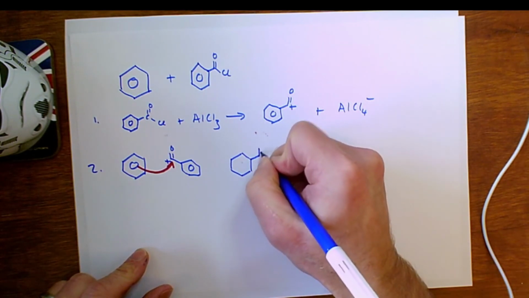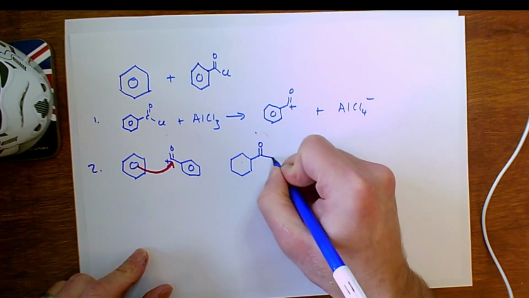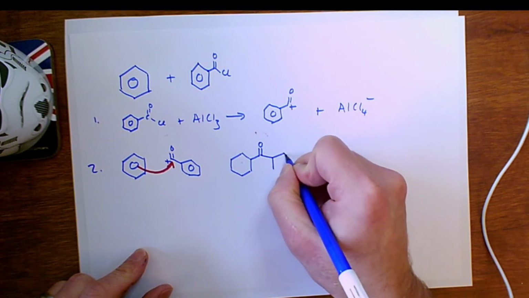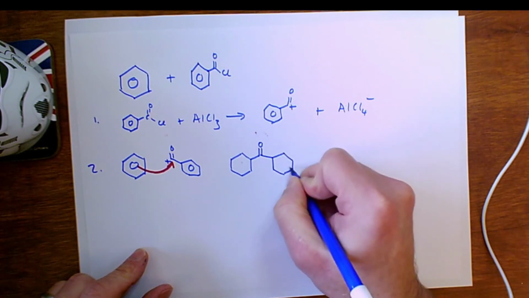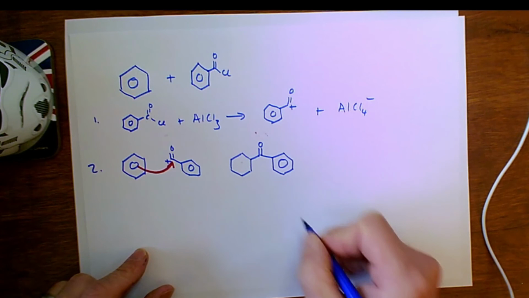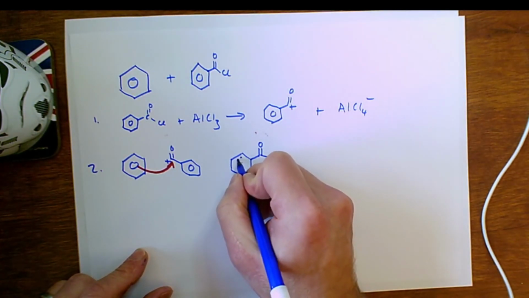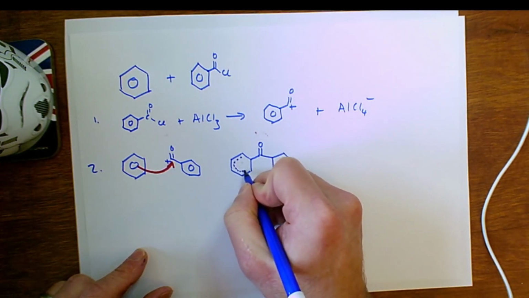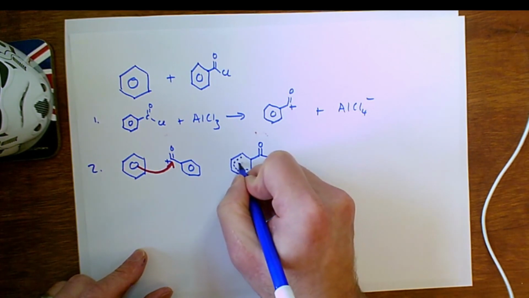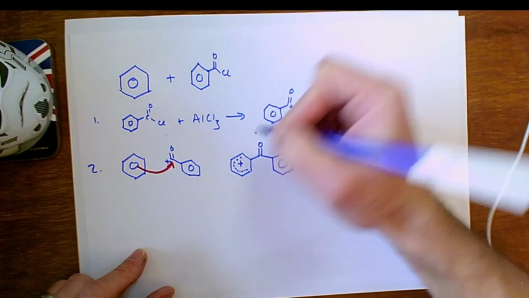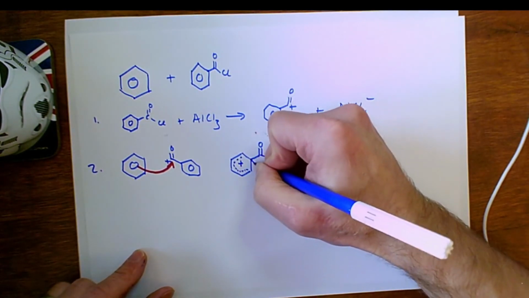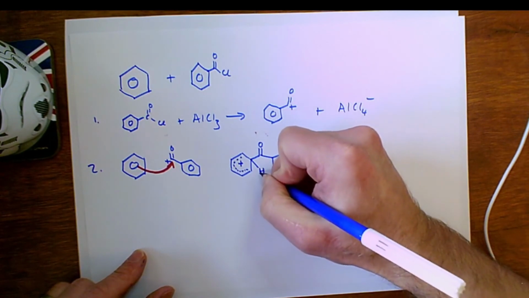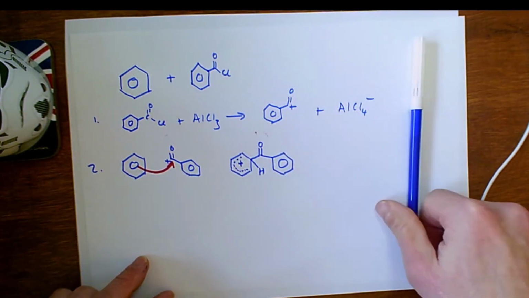I have a carbonyl attached to another benzene ring. This benzene ring is intact. This benzene ring, however, is no longer intact. There we go. I've got a positive charge in there as well. Don't forget, I've got my hydrogen. I'll show them coming this way. Okay, so that's my intermediate structure.